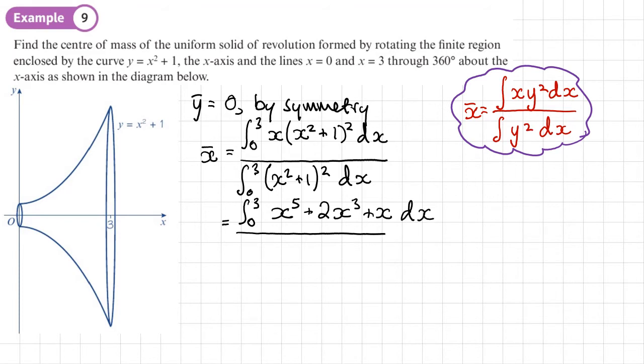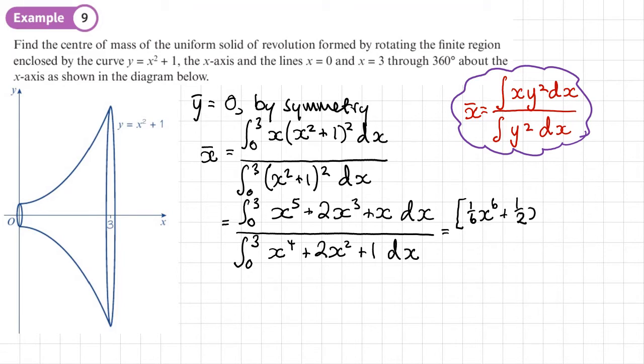And then at the bottom, we don't need to times by x, so it'll just be x to the power 4 plus 2x squared plus 1. So now we can integrate. So I'll have 1/6 x to the power 6 plus x to the power 4 divided by 4, so 2/4, which is a half.